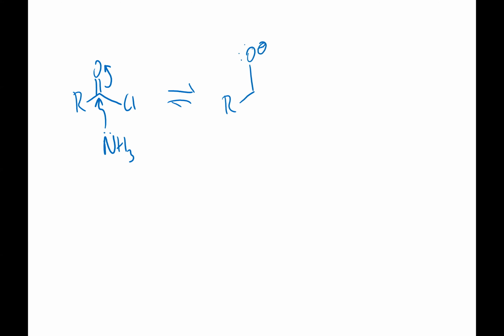So we have our acid chloride. Let's just do it with ammonia. First step, nucleophilic attack at the electrophilic carbonyl carbon. Get our tetrahedral intermediate.